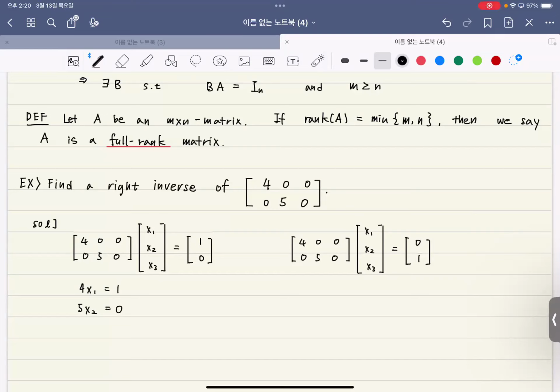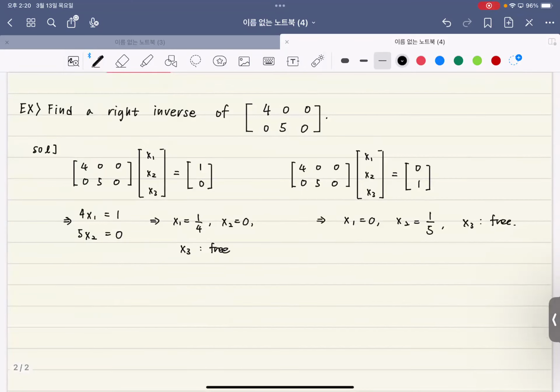So x3 can be just anything. So x1 is 1/4 and x2 equal to 0, and x3 is just free variable. And for the system of this equation, x1 must be 0 and x2 must be 1/5, and x3 can be anything.